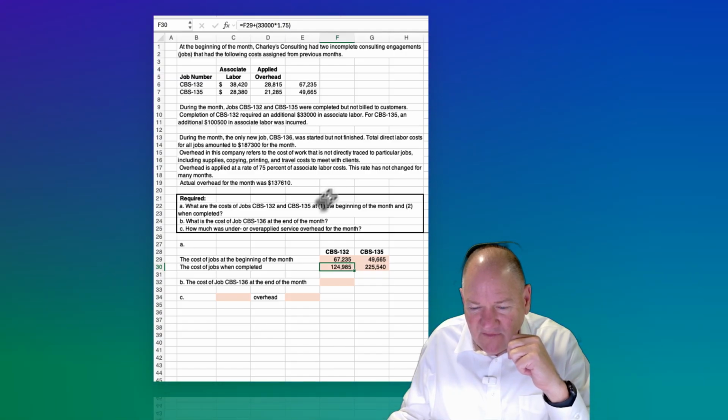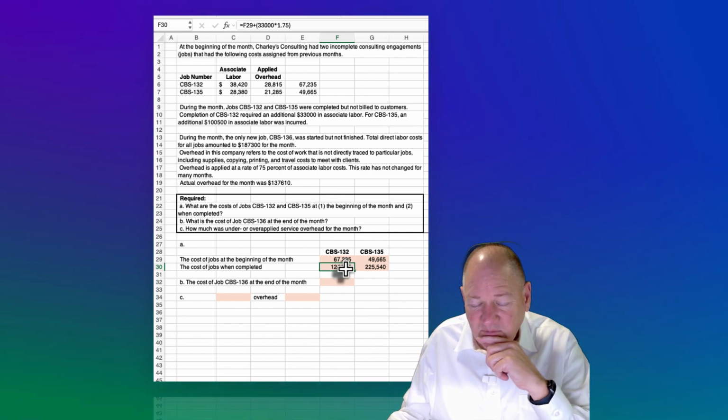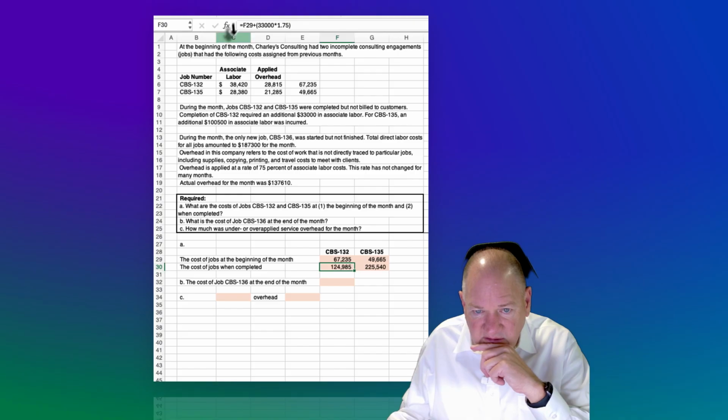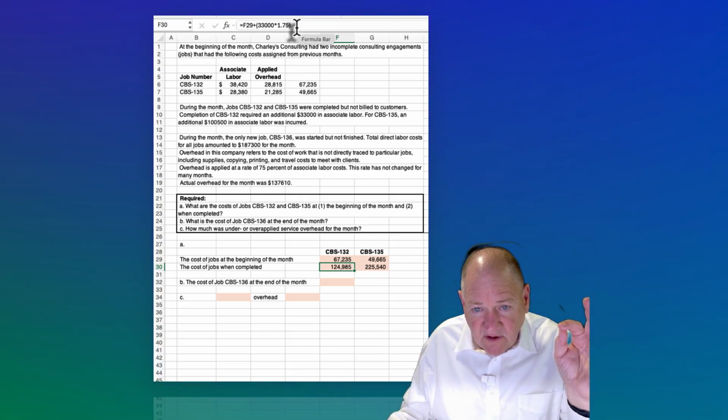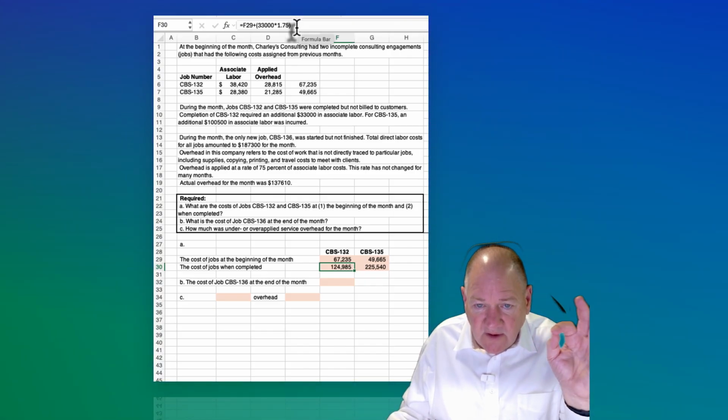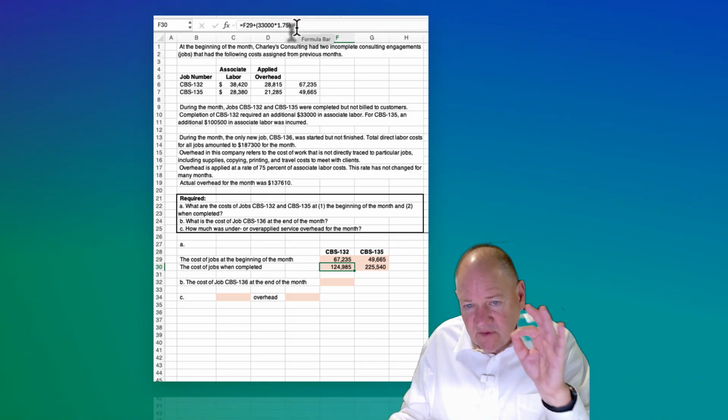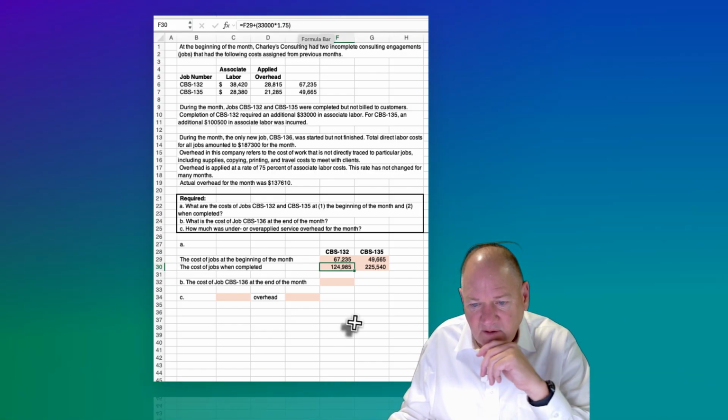So I've added about $57,000. I get the 67. If I add another 57 to it, yeah, that sounds like it's going to put me in that range. And let's just check our formula here. F29 plus 33,000 times 1.75. That's the 33,000 for the direct labor cost. And then the 0.75 is for the associated overhead cost.